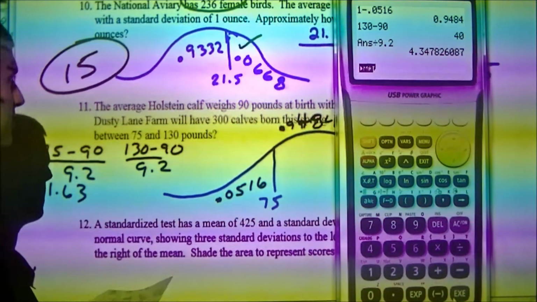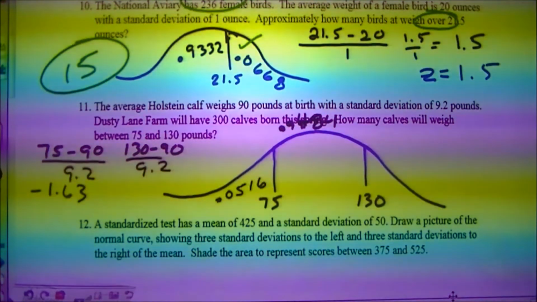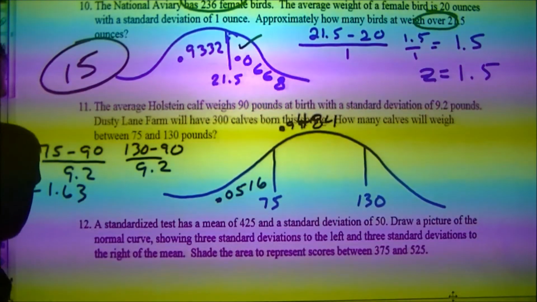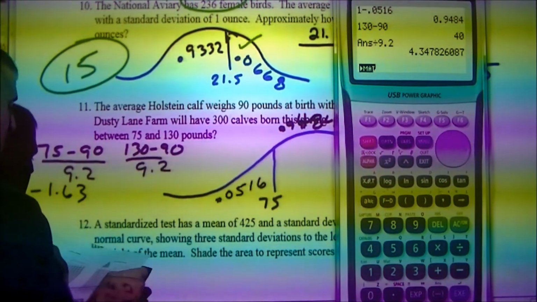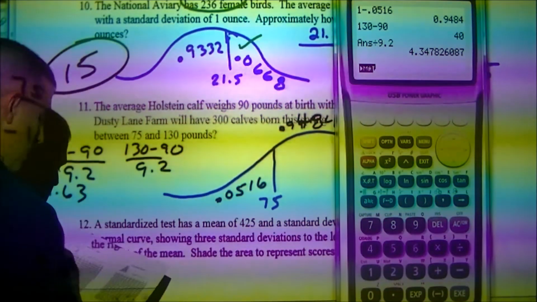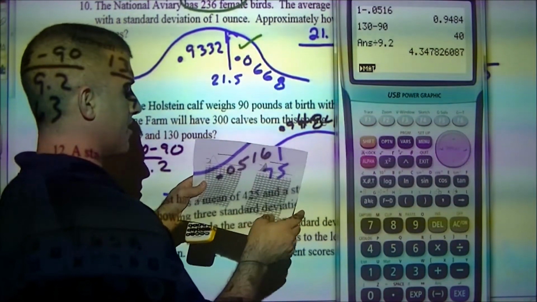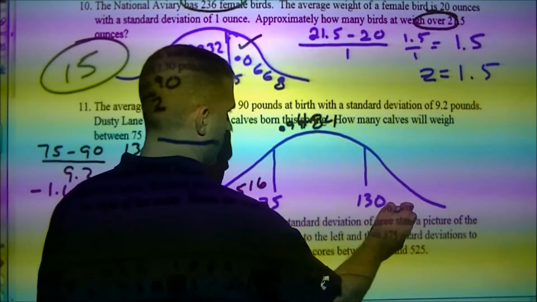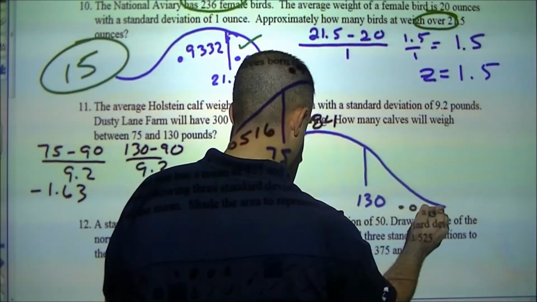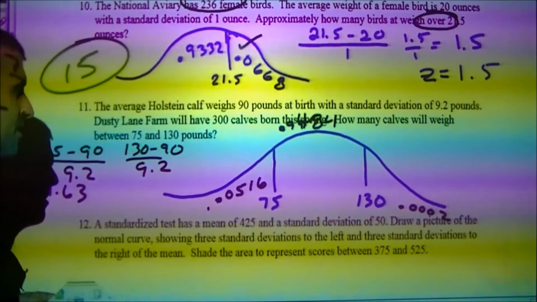So that's basically going to be off the chart, basically 0%. If you look at your Z chart, it goes off at basically 0.9998. So only 0.0002 would be over on that side.